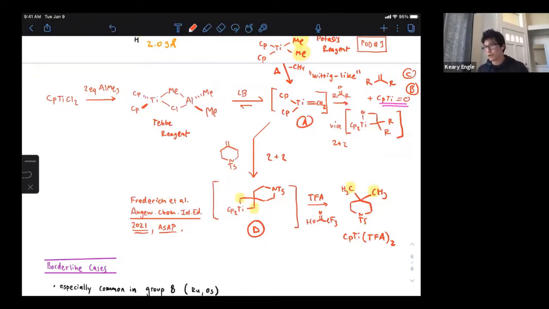So the overall transformation is a hydromethylation that is Markovnikov selective, a pretty difficult transformation. I think the state of the art is methodology from the Baran lab in HAT mode. Any questions on this?